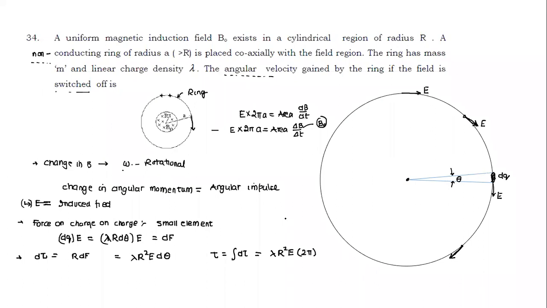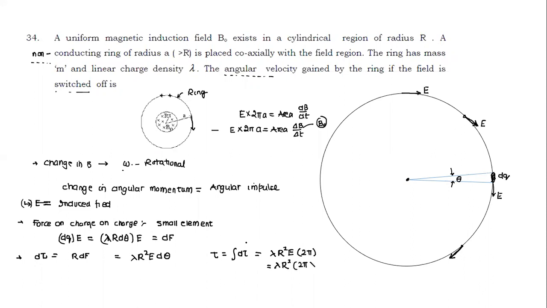Now we can substitute the value of E. But we are interested in angular impulse. What is angular impulse? Once I know tau, angular impulse is tau into delta t. So I take this delta t to this side. Let me put those values here. This becomes equal to lambda r square into 2 pi.